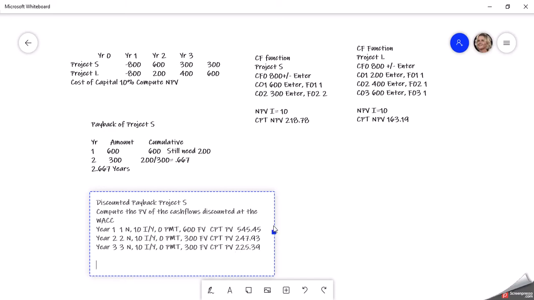So then if I'm doing my little cumulative total, my year, my amount, and then my cumulative, first amount was the 545.45.